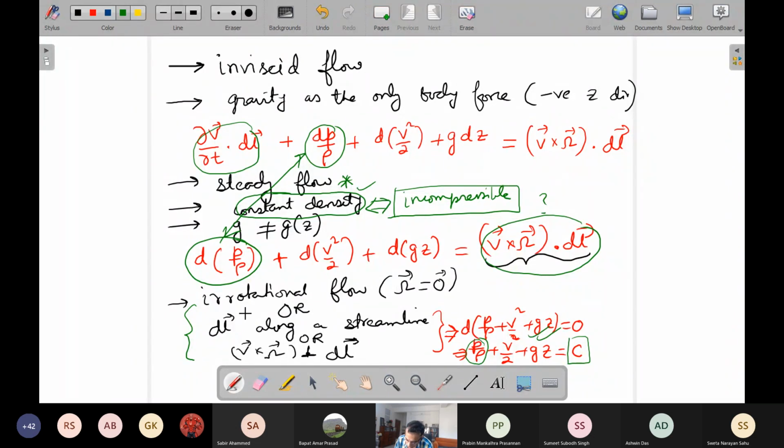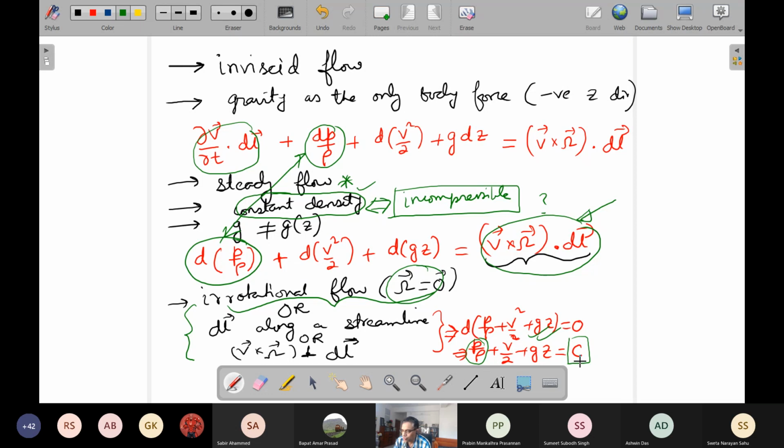So, if you see, irrotational flow will set this term to 0 irrespective of any other condition. That means that if we have irrotational flow, this term will be 0. No other condition is required. So that means D of that is equal to 0 without any restriction except the irrotational flow restriction.